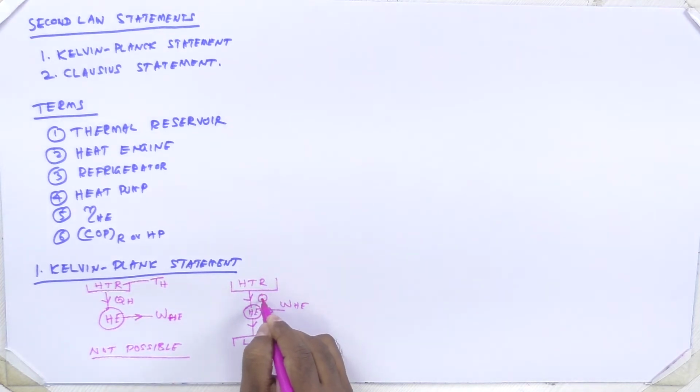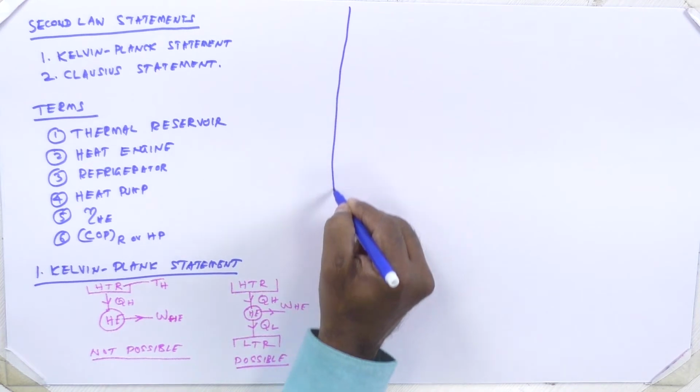So it receives QH amount of heat from the high temperature reservoir, converts part of it into WHE and rejects the remaining part into the low temperature reservoir. This is the possible thing according to the Kelvin-Planck statement. This kind of statement is called the Kelvin-Planck statement. So in real examples for any engine, we can apply this Kelvin-Planck statement.